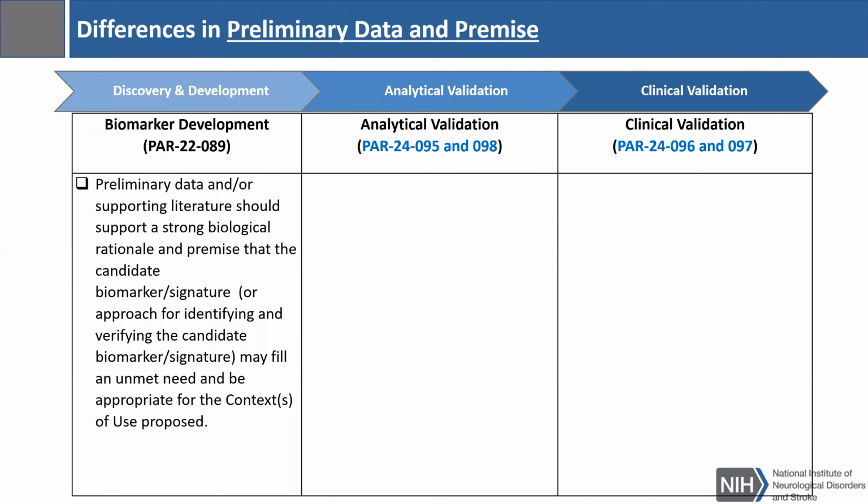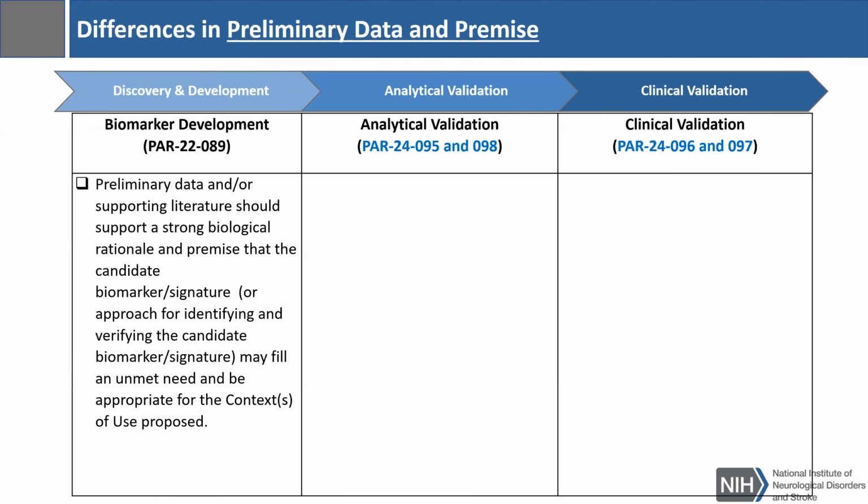All right, so just in a little bit more detail, differences between the three sets of NOFOs in terms of preliminary data and premise. So in the biomarker development PAR, you're expected to have some preliminary data or supporting literature that really supports a strong biological rationale and premise for the candidate biomarker, or approach for identifying and verifying the candidate marker if you're not sure exactly what marker you're looking at yet, but the rationale needs to be there.